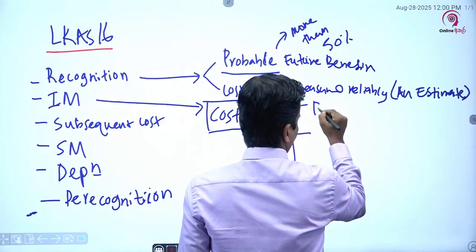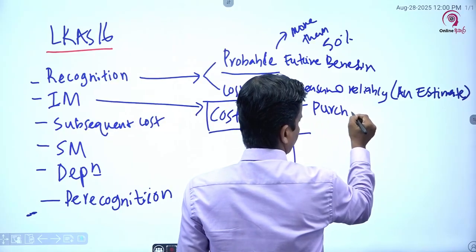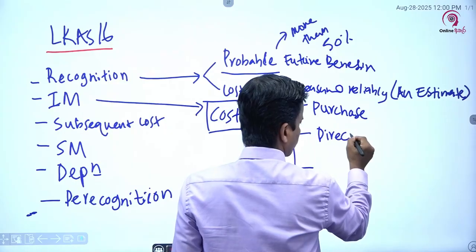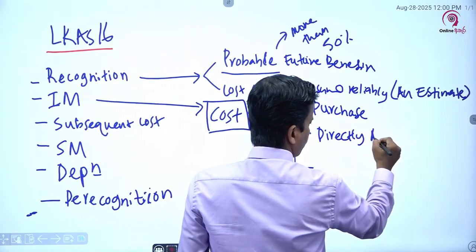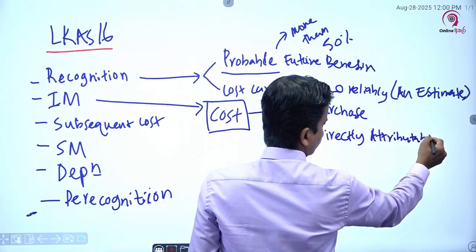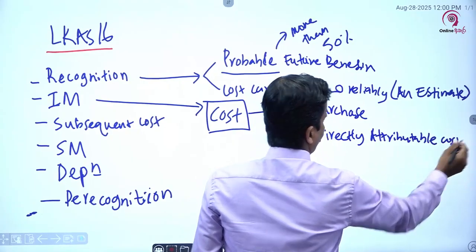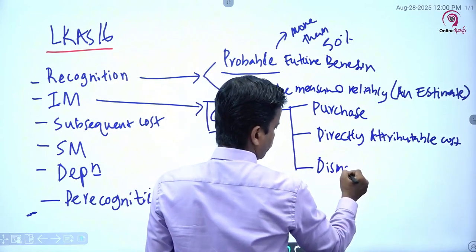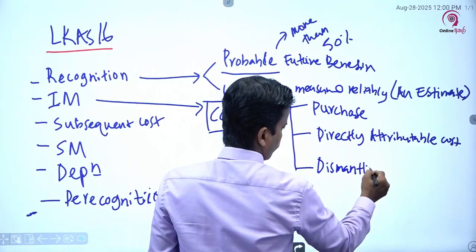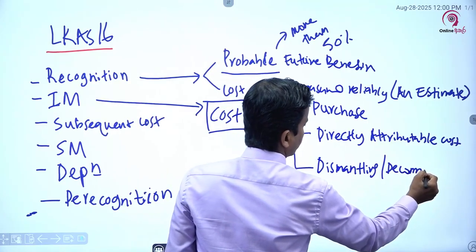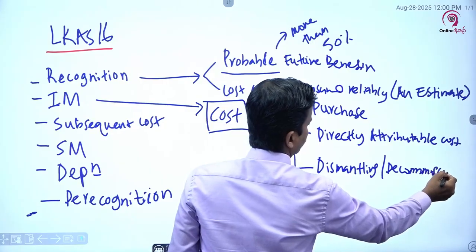That one is, of course, the purchase cost, any other directly attributable cost, and dismantling, which we call decommissioning, also restoration, right?